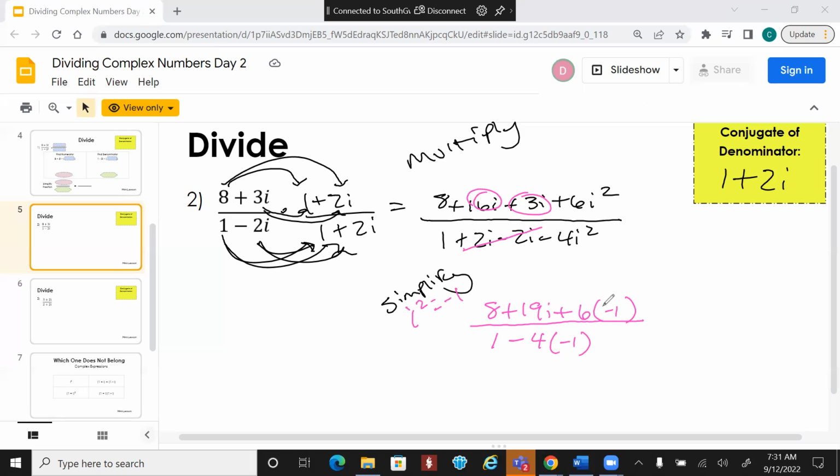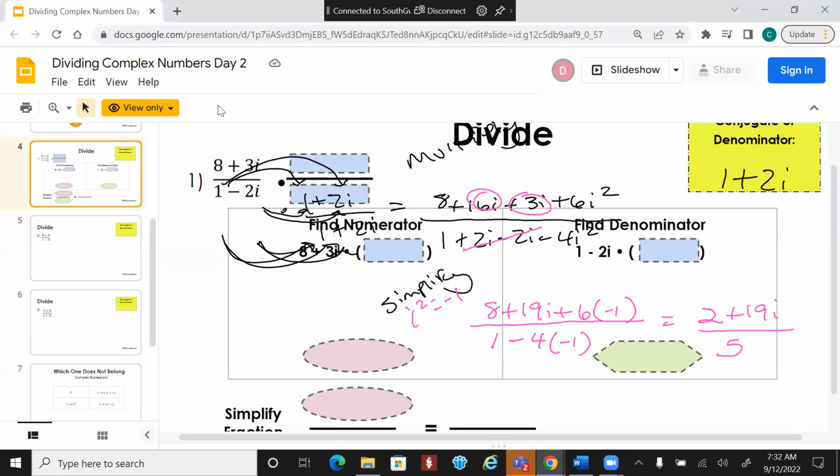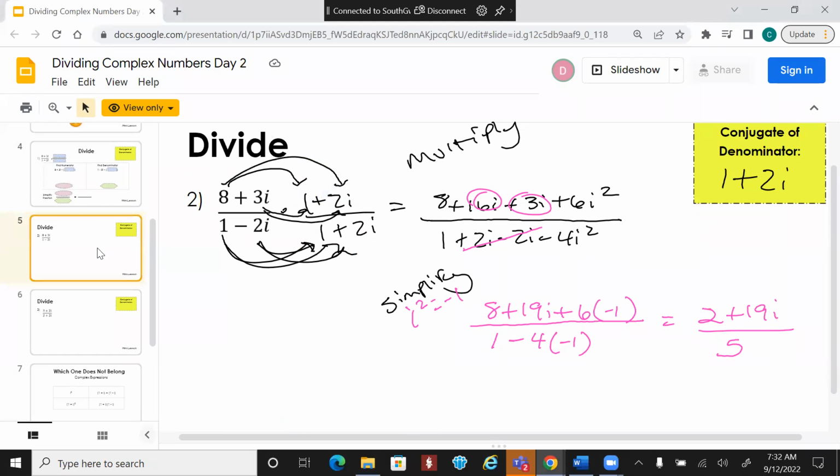So 8 minus 6, because that's what this is going to turn into, is going to give us negative 2. I'm sorry, just positive 2. And then in the bottom, this is going to become negative 4 times negative 1, which is going to give us positive 4. 1 plus 4 is going to give us 5. Notice how that was the exact same thing as the first one.